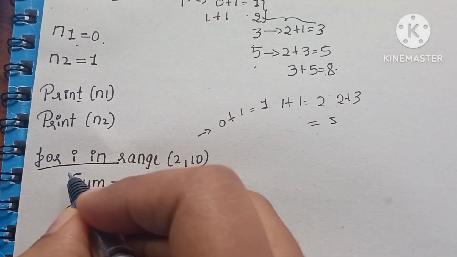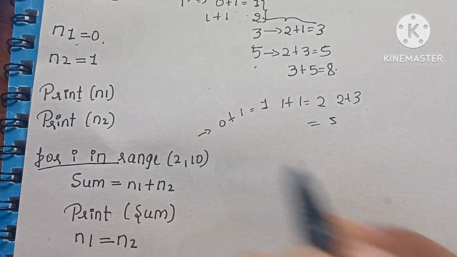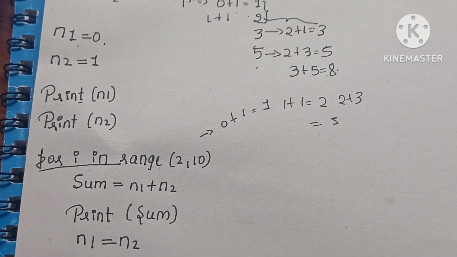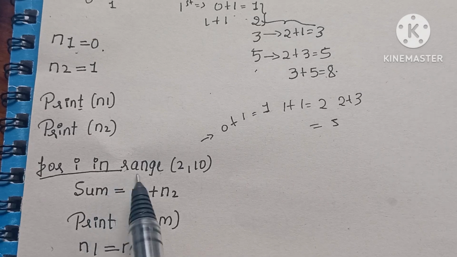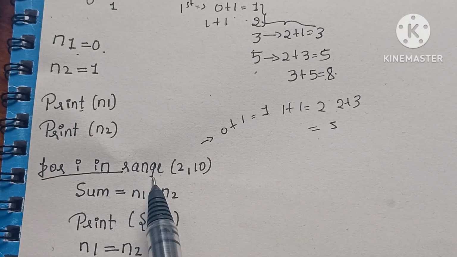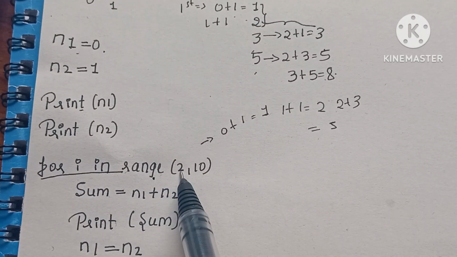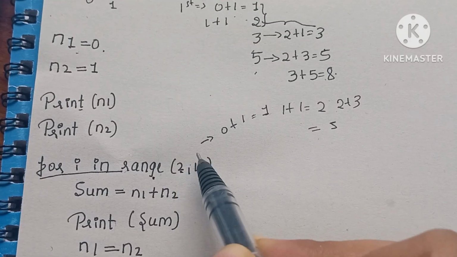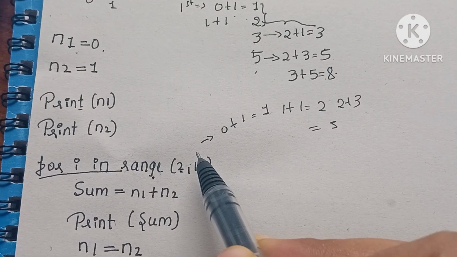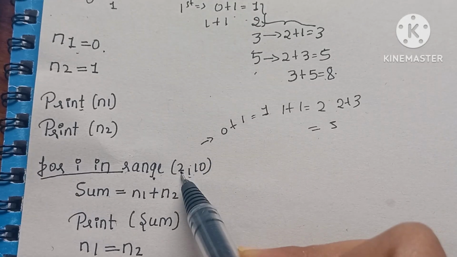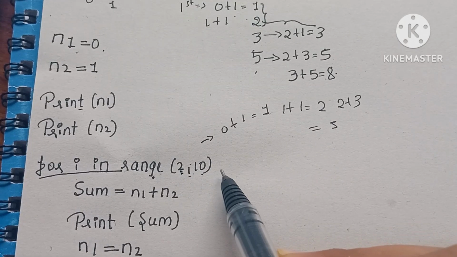That is for i in range(2, 10). Here I am just taking the range function. I will start from 2 because 0 and 1 are already printed now. So that's why I am starting from 2. From 2, I will print 10 numbers.